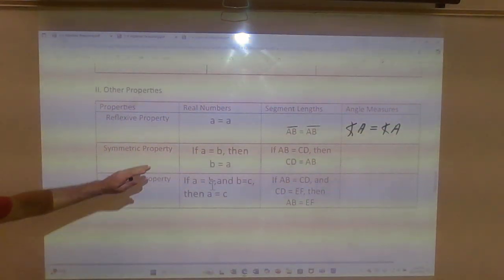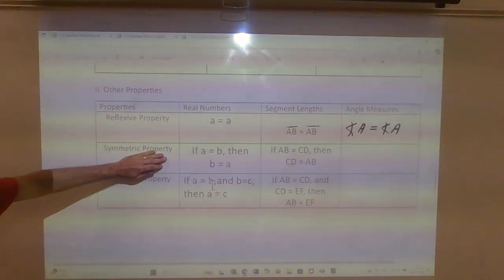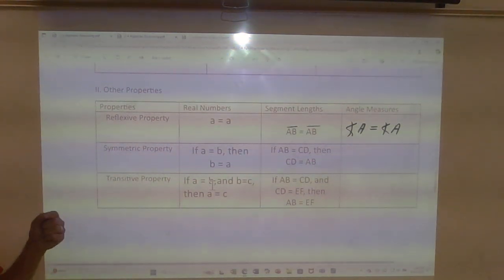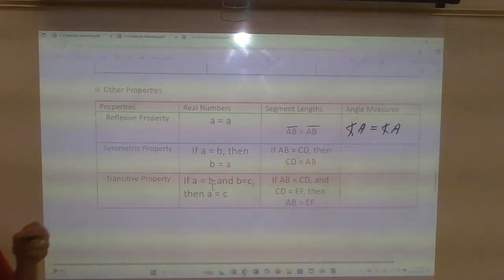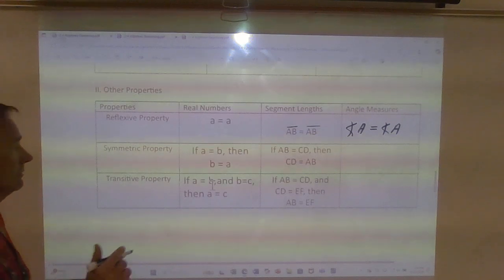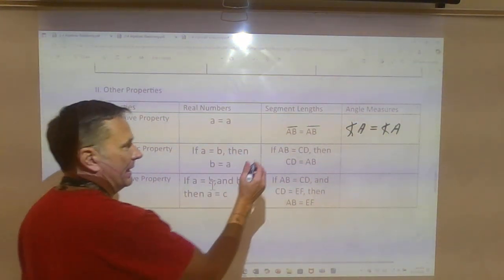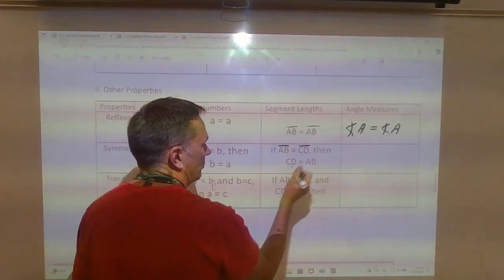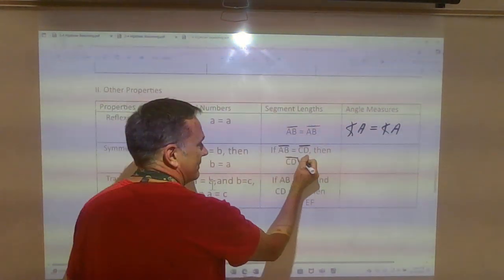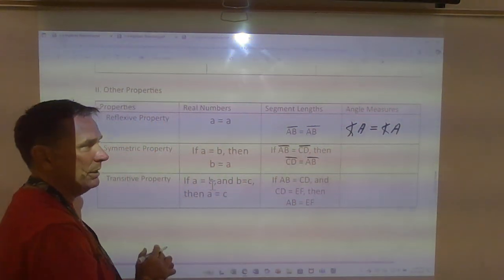Very basic. Symmetric property. Now, we already talked about segments before, but the order a lot of times does not matter. So if A equals B, then B equals A. If segment AB equals segment CD, then segment CD equals segment AB.